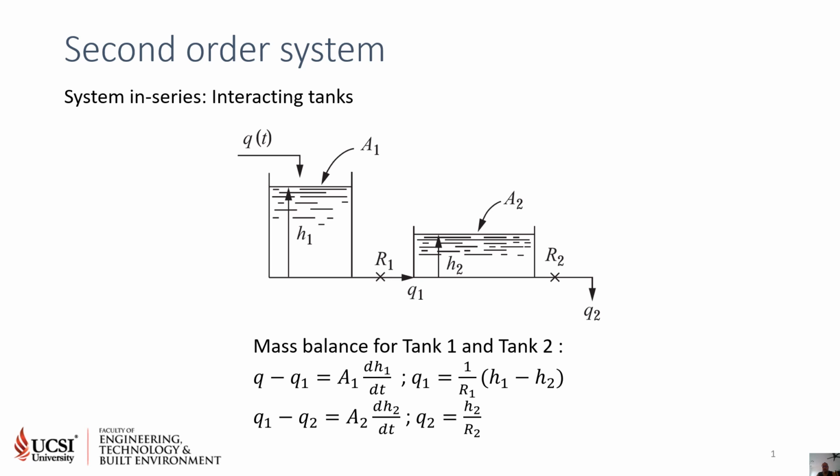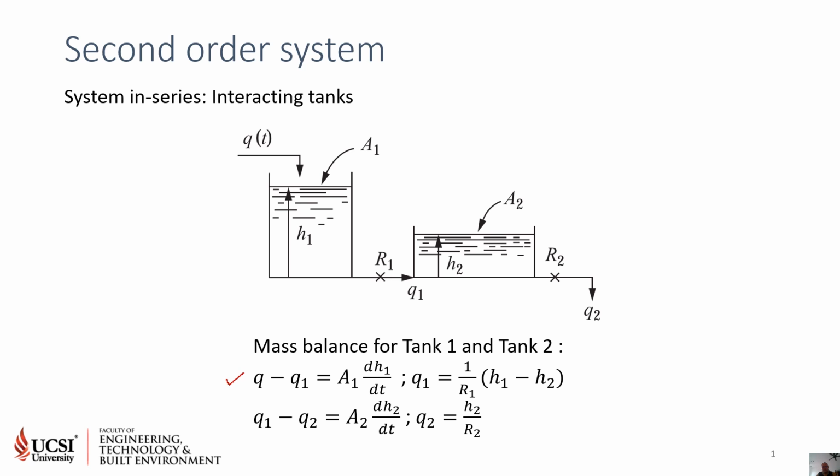Qt minus Q1 equals A1 dH1 over dt. Q1 equals 1 over R1 multiplied by H1 minus H2. Q1 minus Q2 equals A2 dH2 over dt, and Q2 equals H2 over R2.